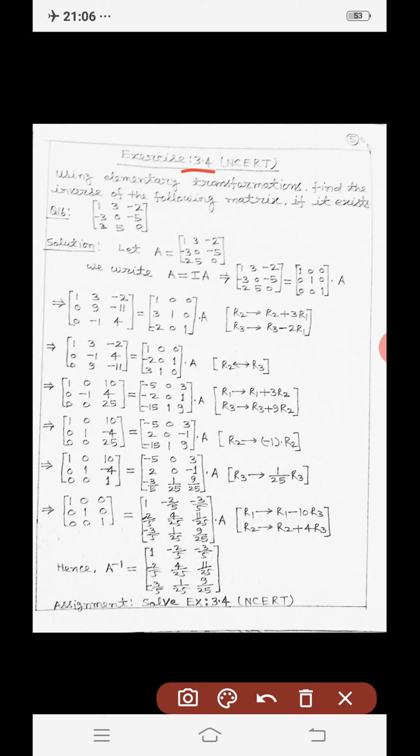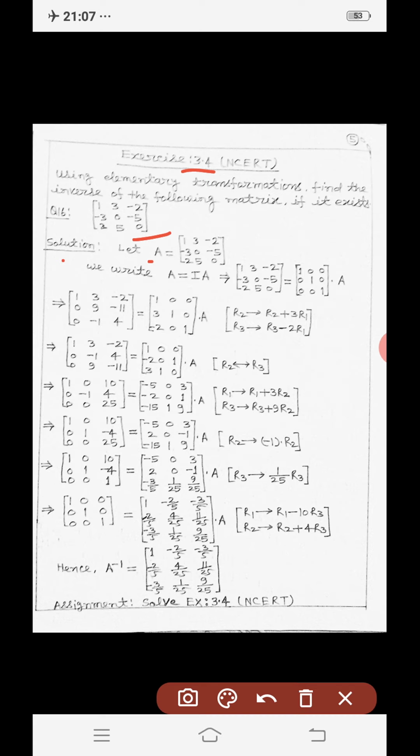Here the matrix is given: 1, 3, -2, -3, 0, -5, 2, 5, 0. To find the solution, let matrix A be equal to 1, 3, -2, -3, 0, -5, 2, 5, 0.